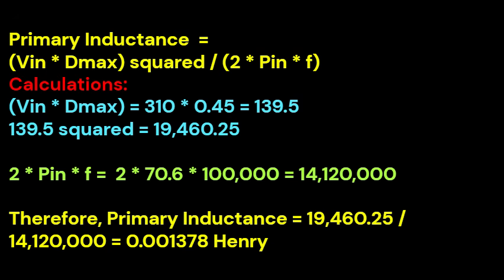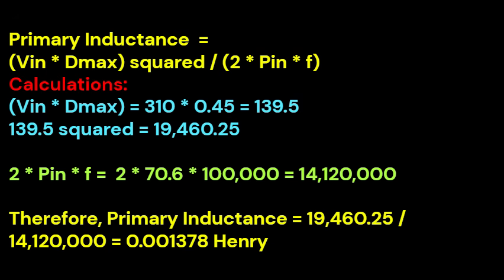Calculation, V in multiplied by D max equals 310 multiplied by 0.45 equals 139.5, 139.5 squared equals 19,460.25, 2 multiplied by P in multiplied by F equals 2 multiplied by 70.6 multiplied by 100,000 equals 14,120,000.